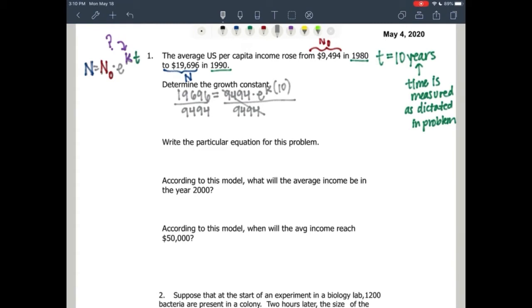And we've got this number right here. Don't be nervous about that number. We can put it into our calculator, and we're absolutely going to. We've got e raised to the 10K power equals this fraction.